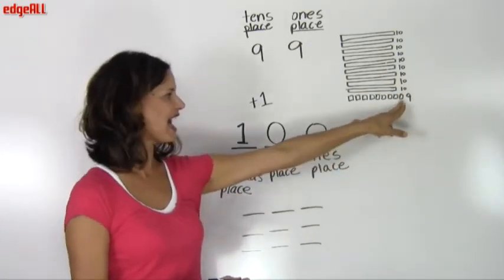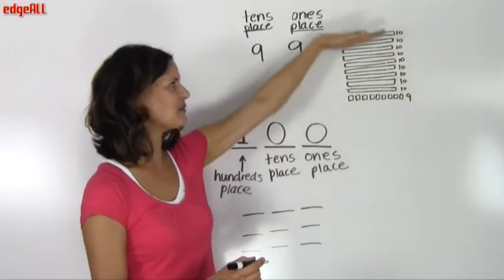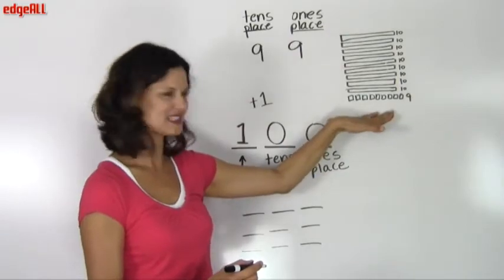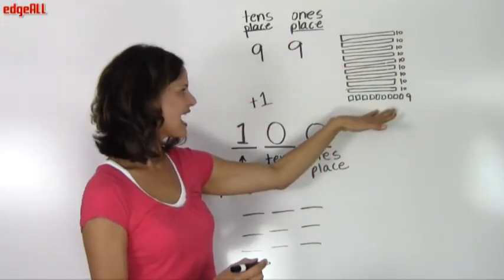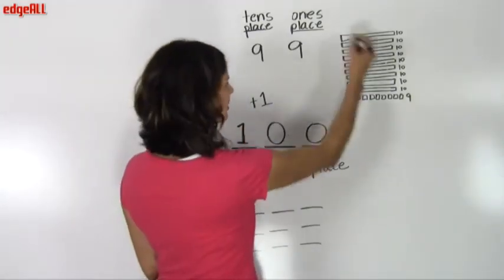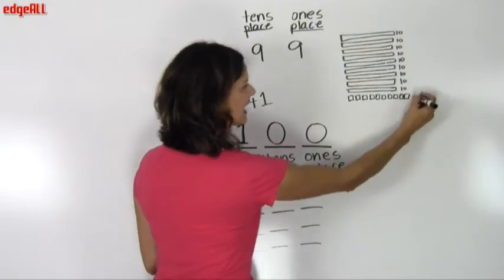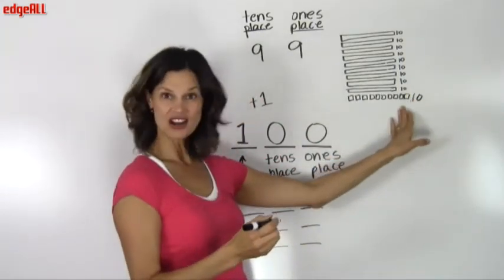Because now we've added one more item here to our 9, and we now have 10 groups of 10, which make 100, and we now call this one big group. So we're going to add 1 to our individual 9, which gives us another bar of 10.